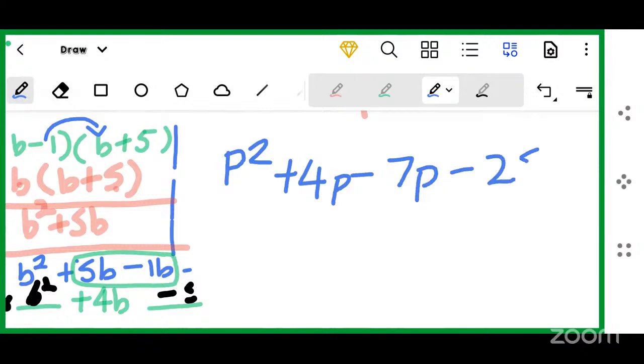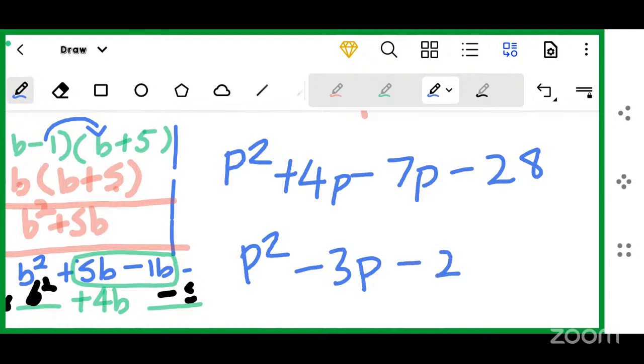Minus 28. Okay. So what was your final answer? Ma'am, I subtracted 4 and 7, and it gave me a negative answer. It was negative 3. So ma'am, my answer was p to the power 2 minus 3p equals 28. Oh, ma'am, sorry, no, minus 28.